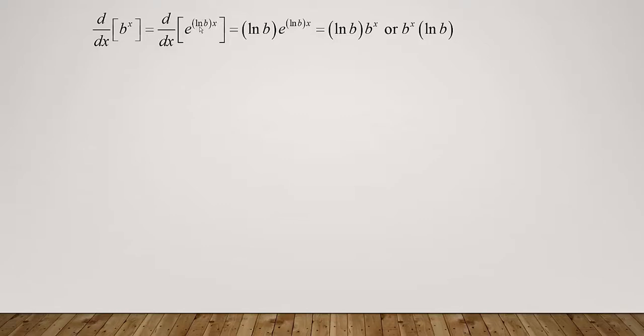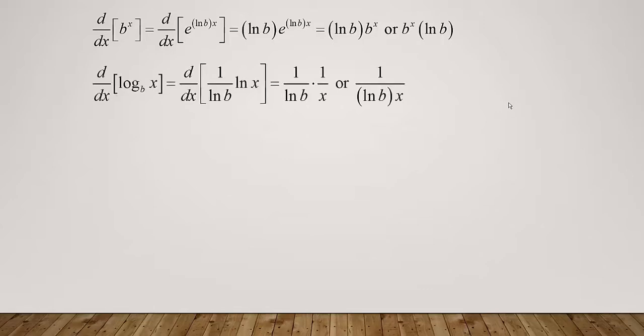Natural log b is just a constant, so the derivative of the exponent is just natural log b. Then we do a little rewriting. e to the natural log b is just b, which gives us b to the x. So the derivative of b to the x is natural log b times b to the x, or if you prefer, b to the x times natural log b.